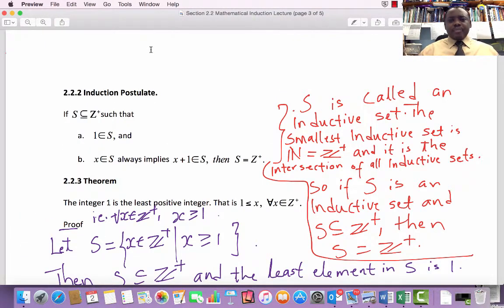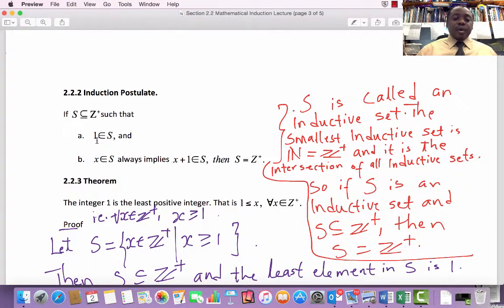Before I present the next theorem, let's take this definition. Subsection 2.2.2, induction postulate. Let S be a subset of Z plus, i.e., S is a subset of the set of positive integers.